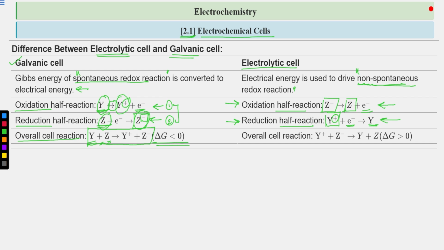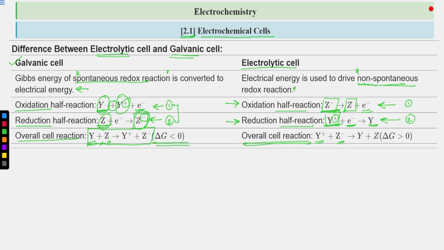Now the overall cell reaction will follow a similar concept: you have to add the reactant sides and the product sides together from the first and the second reaction. Here at the reactant side we have Z negative, Y positive and the electron, and the electron is also present at the product side, so that will cancel out.